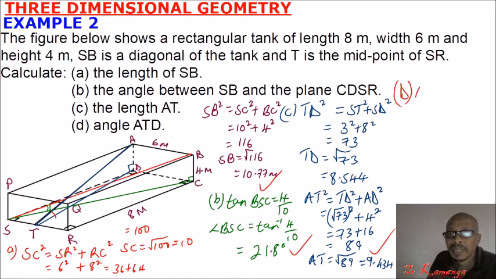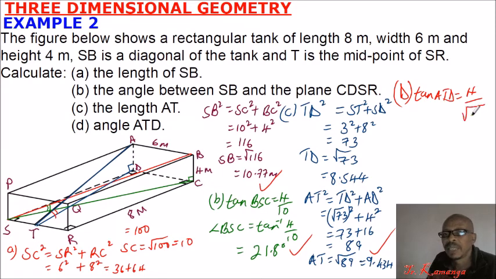So we use the trig ratio tan: tan of angle ATD is equal to opposite, which is 4, divided by the adjacent, which is our TD. Remember, TD is the same as the root of 73, or you can use 8.544.